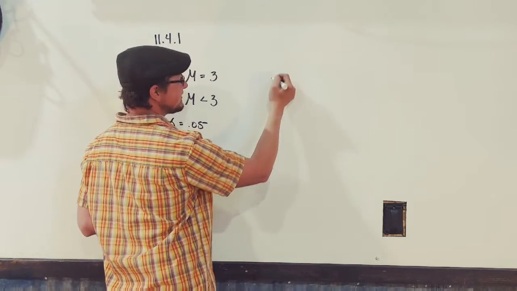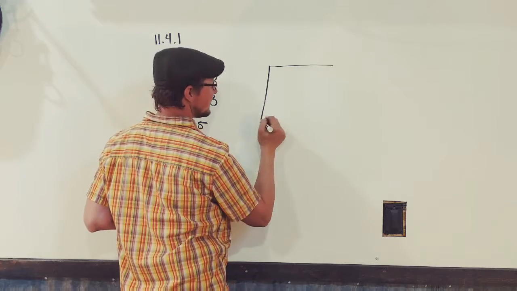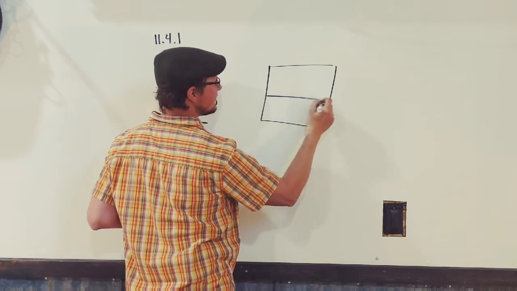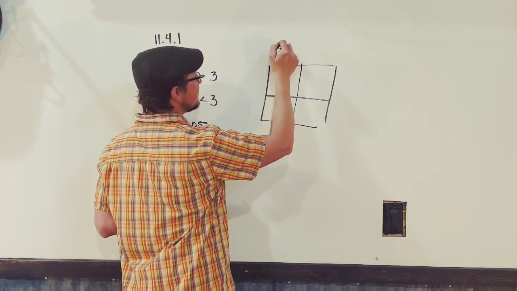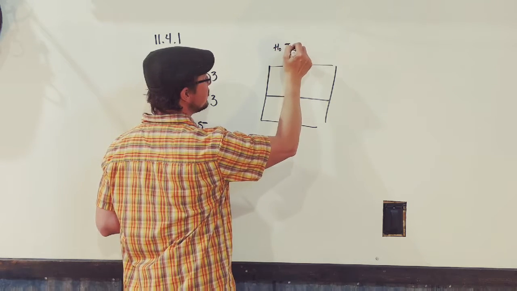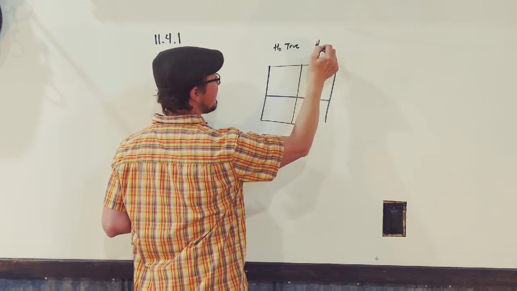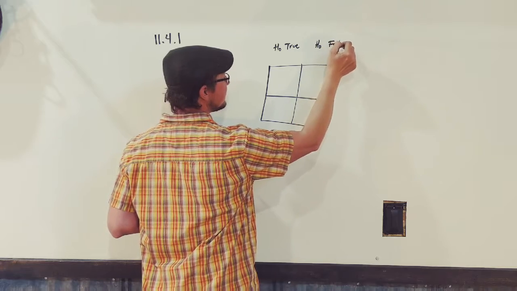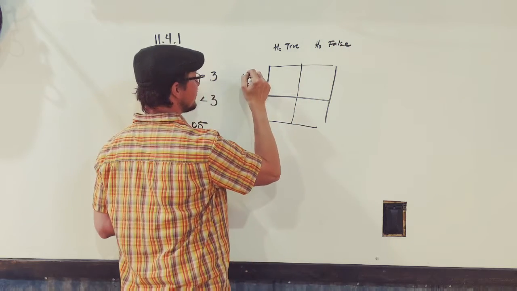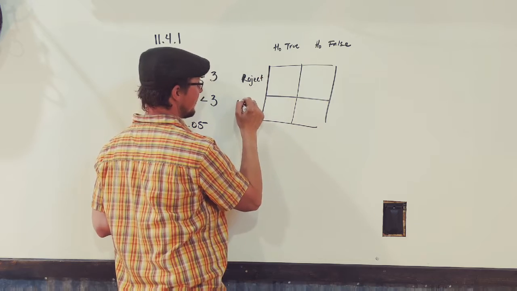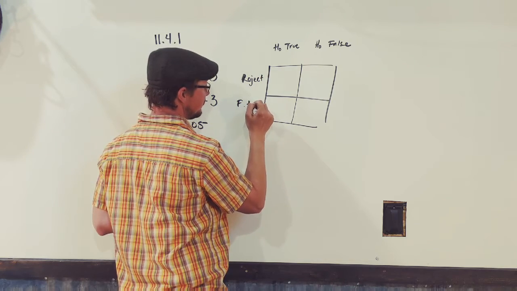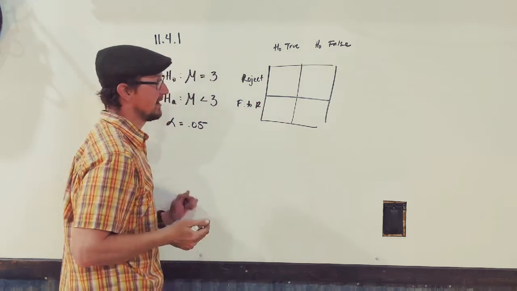So let's just kind of remind ourselves here through the use of the matrix. So null hypothesis is true, null hypothesis is false. We reject the null hypothesis or fail to reject the null hypothesis.